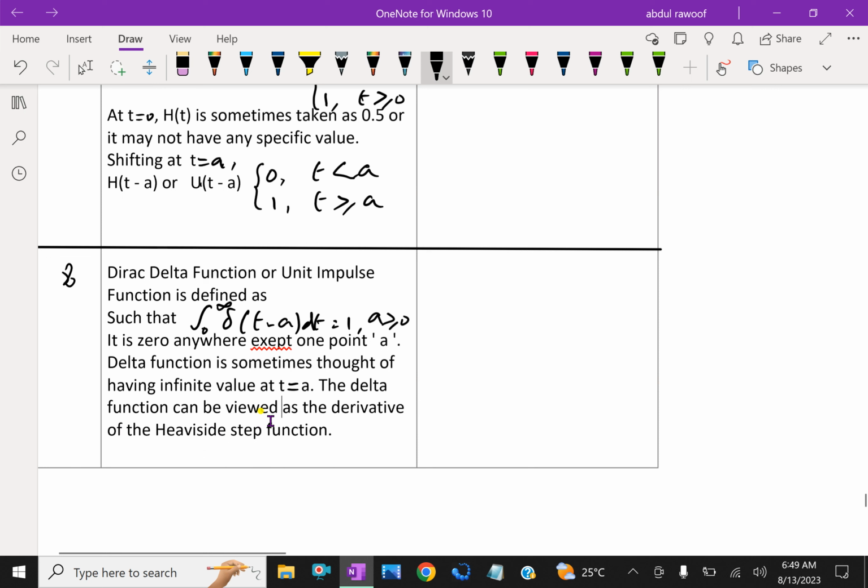The delta function can be viewed as the derivative of the Heaviside step function.